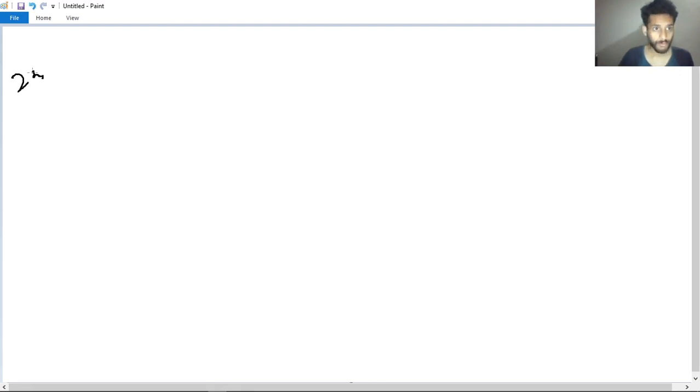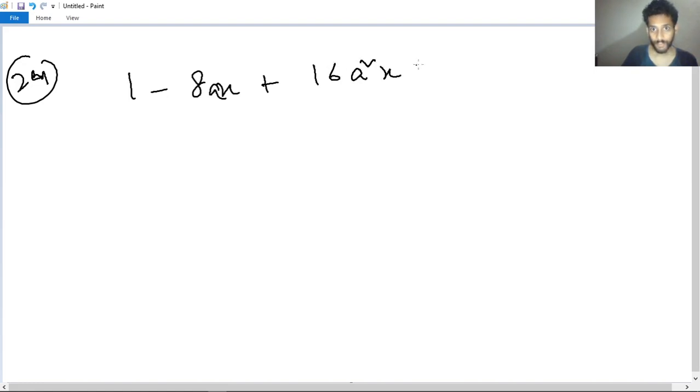Question 24. 1 minus 8ax plus 16a square x square. Similarly we will do the same process. First of all, 1 square, and 16 is what square? 4 square, so 4 will be here. A square is what square?